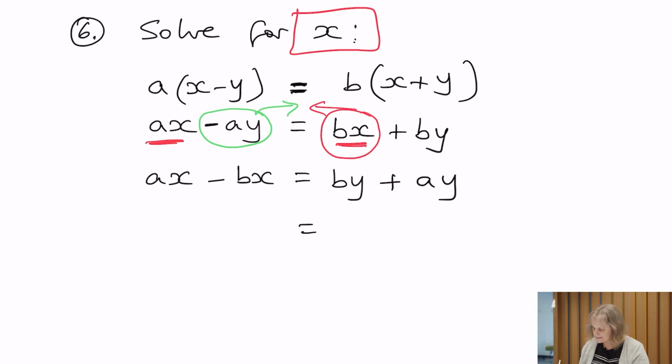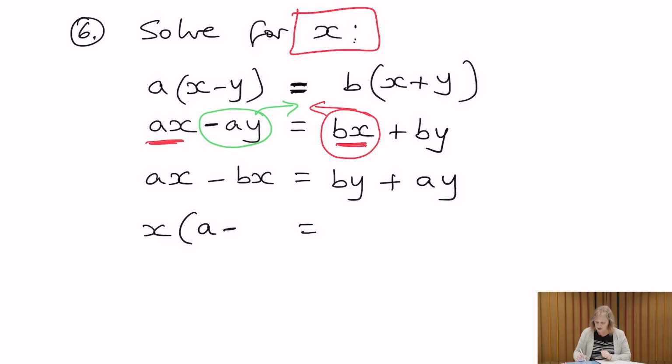Okay, so we're solving for X. What we need to do now on the left-hand side is take out X as a common factor. That means we recognize that X is in both of those terms. If we take out X, we're going to introduce brackets and parentheses. X is being multiplied by A, so that's the term remaining here.